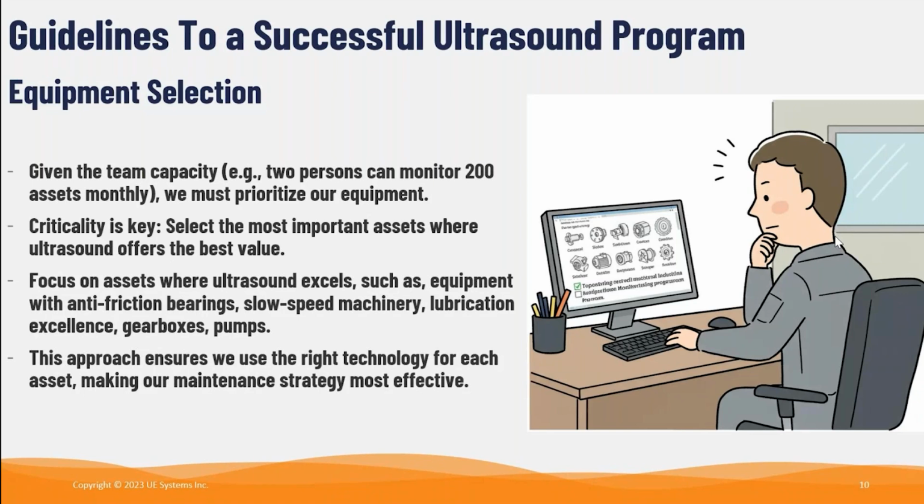For example, in a mechanical inspection program, we would focus on anti-friction bearings, slow-speed machines, equipment with lubrication problems, or where we aim for lubrication excellence, pumps and gearboxes, and so on. This approach ensures we use the best technology for each piece of equipment, making our overall maintenance strategy highly effective.